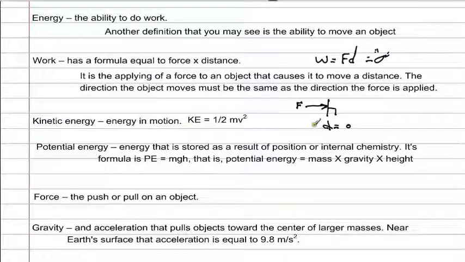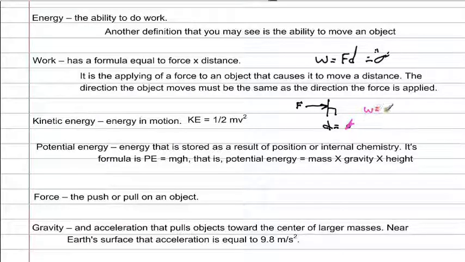However, if I did apply a force, and you saw me push on it, and it did move a distance, then we had D no longer equal to 0. Now, because it moved, whatever our force was times our distance was the work that we ended up with.